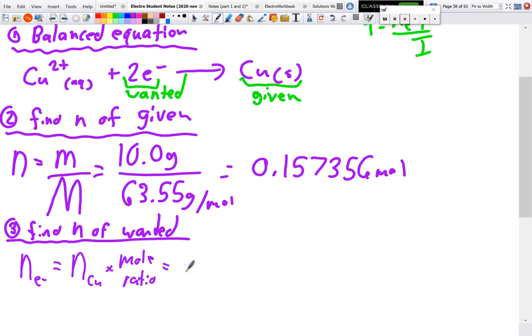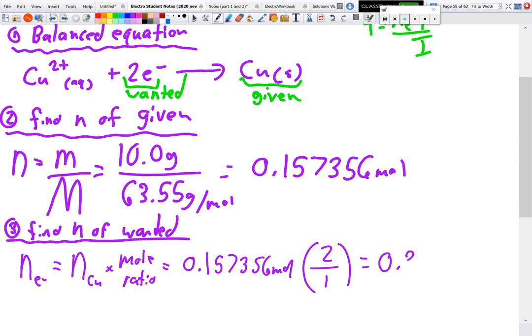So that takes what we just solved for up here, 0.157356 moles times our mole ratio. Remember, it's wanted over given, so the coefficient from our wanted is 2 over the given is 1, and that gives us 0.3147128 moles.